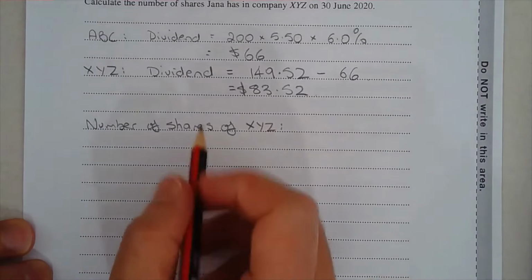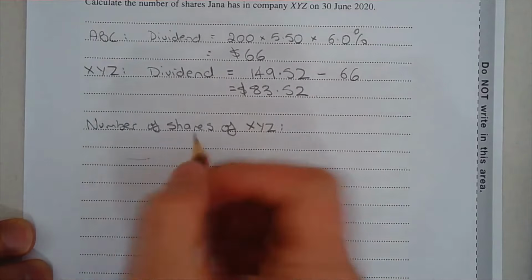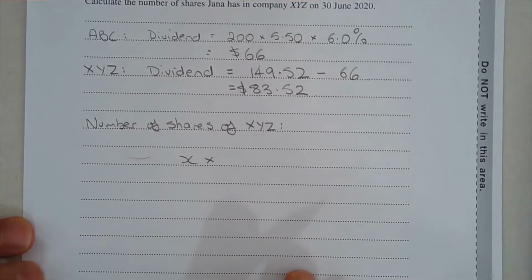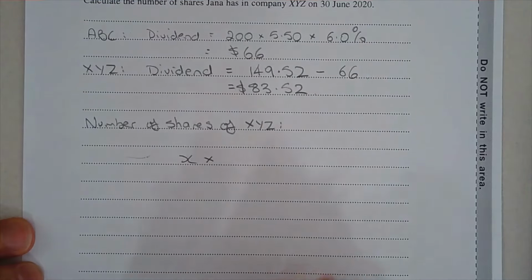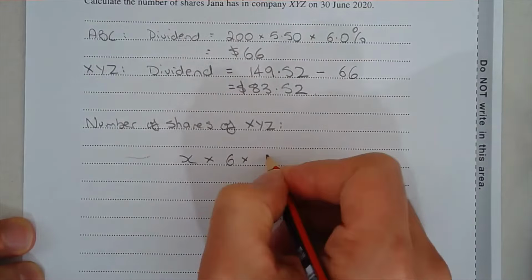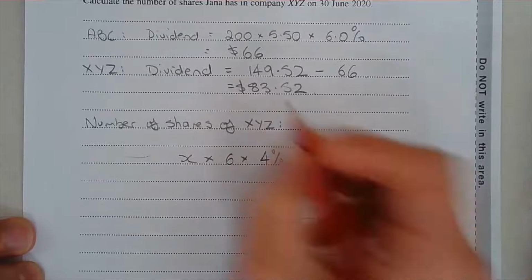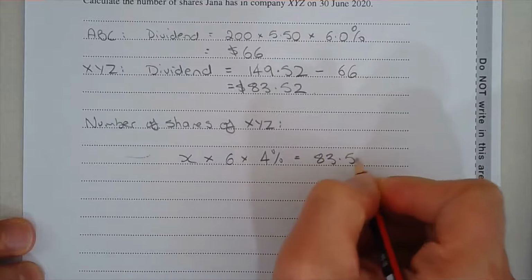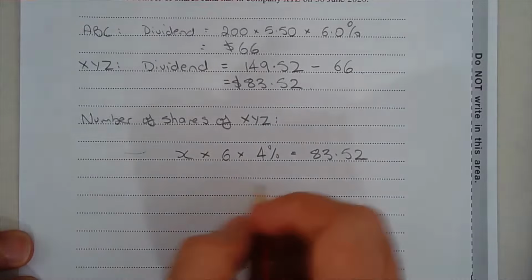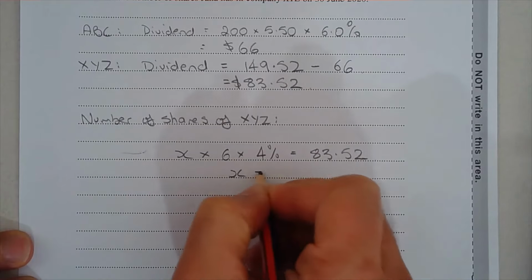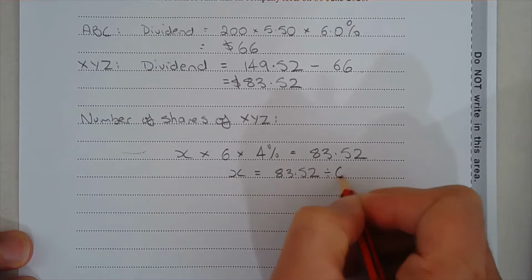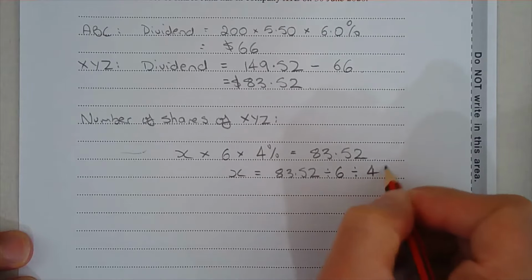I'm going to use the pronumeral x, so x, the number of shares, times the market price per share, which is $6, times the dividend yield, and we know that has to equal $83.52. If we rearrange the formula to make x the subject, x is equal to 83.52 divided by 6, divided by 4%.